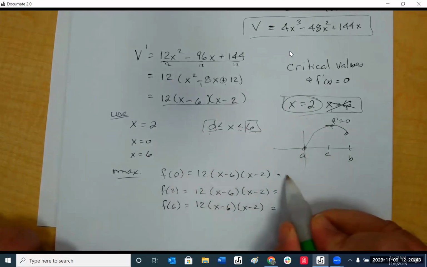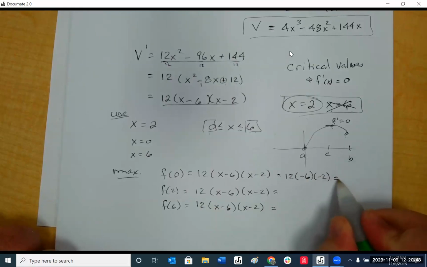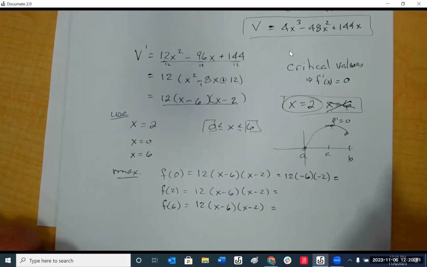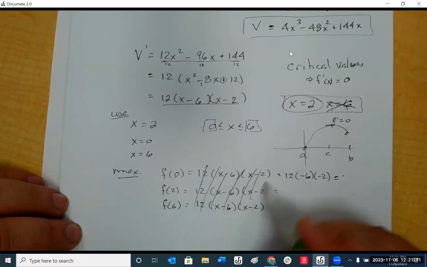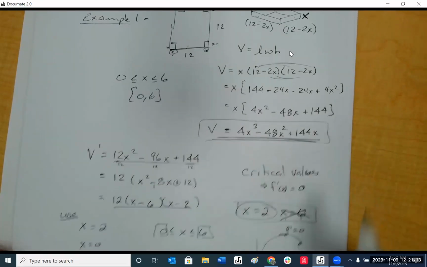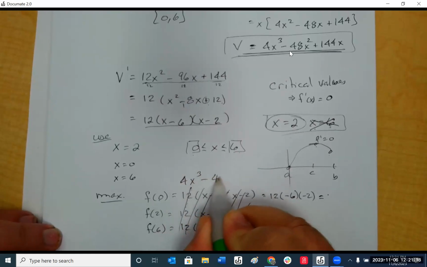So if we put x is 0, then we have negative 6 times negative 2. No, not the derivatives. Oops. We have to use our volume since we're looking for the maximum of the volume. I'm sorry.